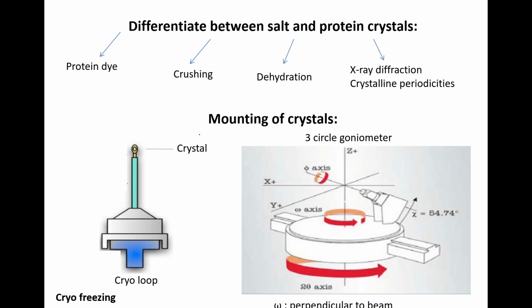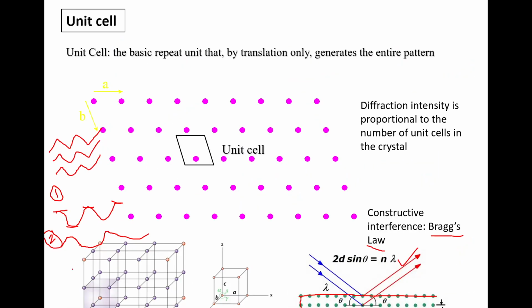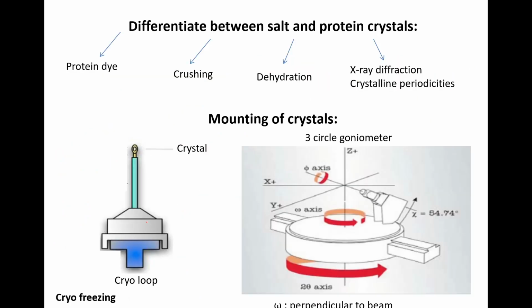As I said, you do this flash freezing at a very low temperature in liquid nitrogen. So there is a loop with which you need to handle these crystals. You are seeing beautiful images like this, but the crystals formed of your protein, you can't even visualize by your naked eye.